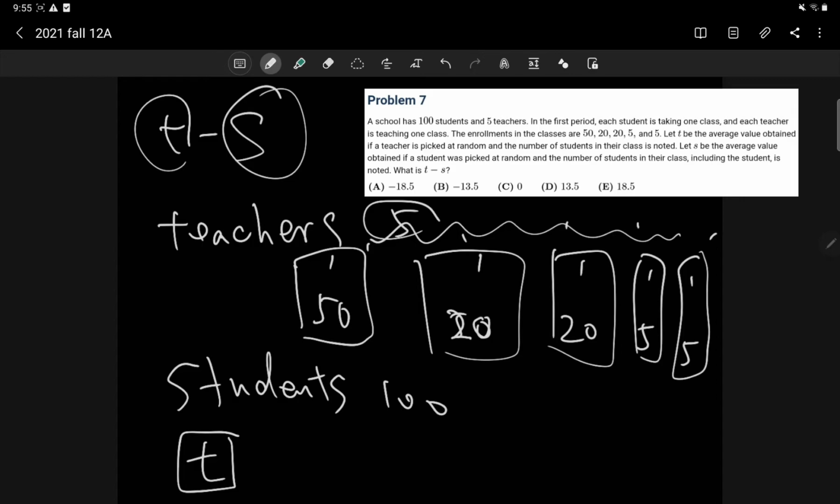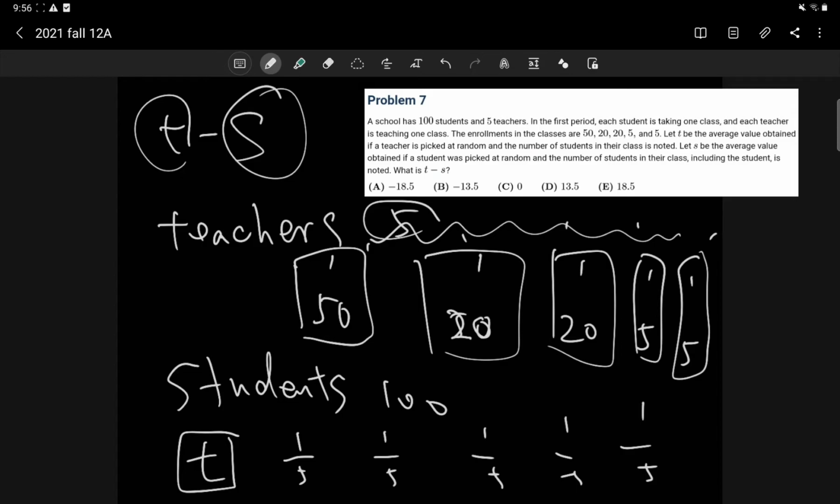So we randomly pick a teacher, which means we must have 1/5, 1/5, 1/5, 1/5, and 1/5 multiplied by the number of students in their class.